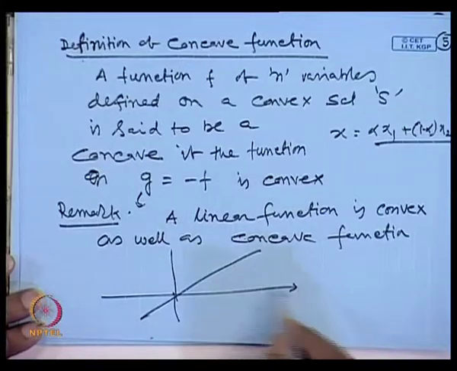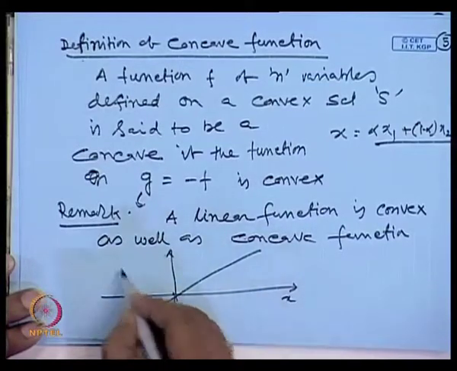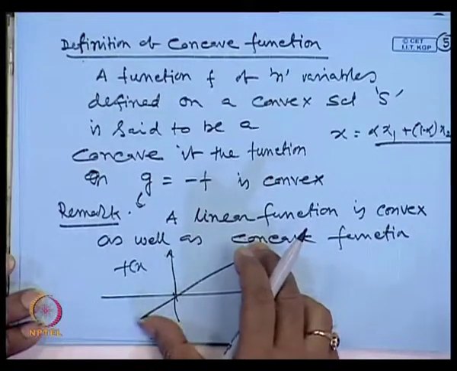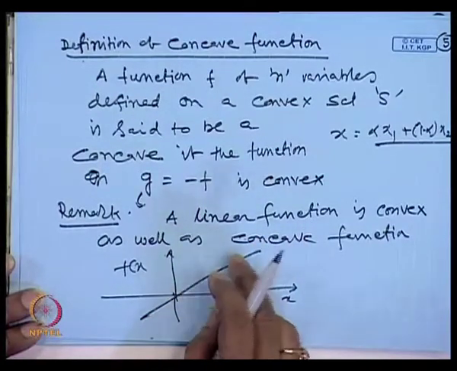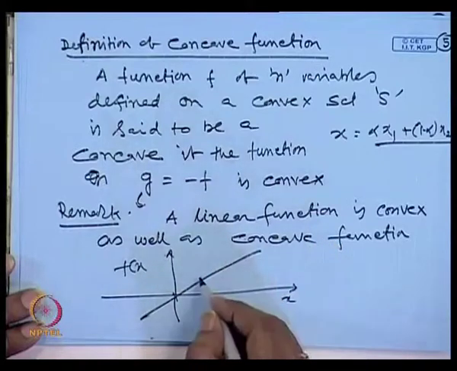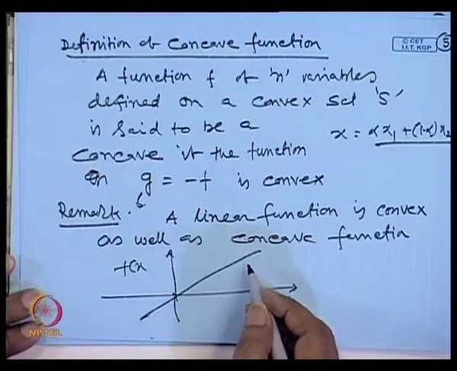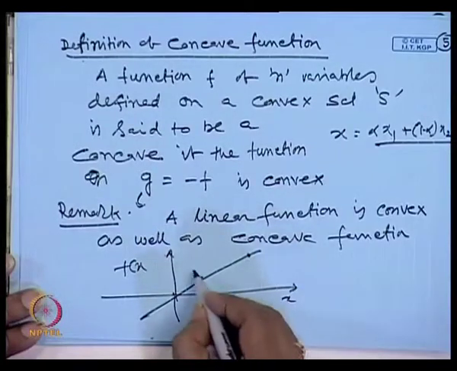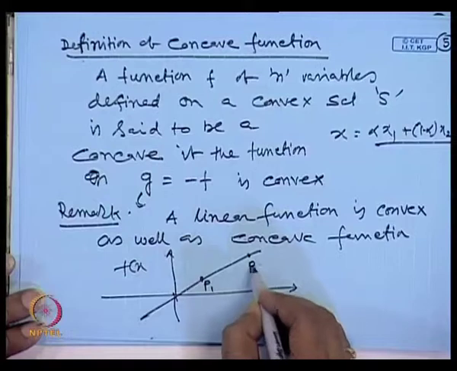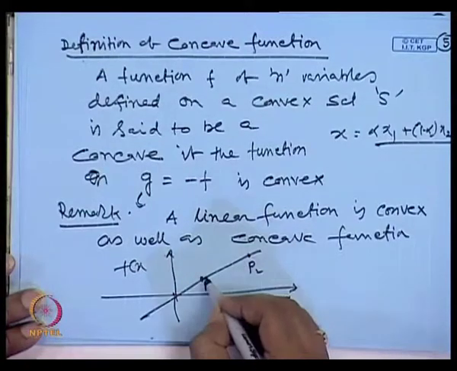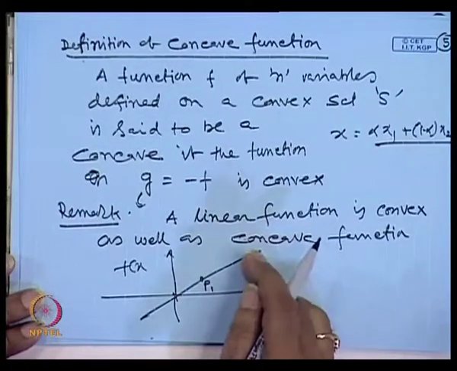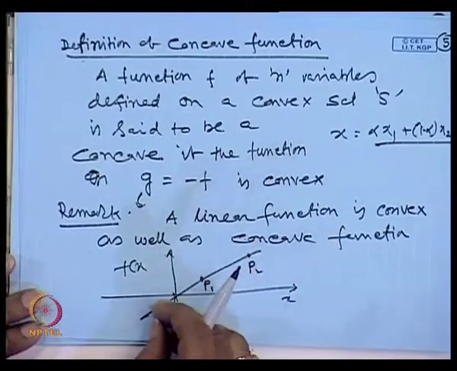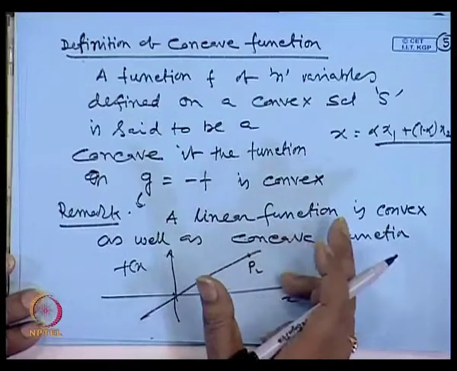Let us call this again a single variable case. This is our linear equation that belongs to a convex set. Now, whether it is a convex function or concave function, take 2 points on this set, let us call P1 and P2, and join these 2 points. It is just the same line as the original straight line.